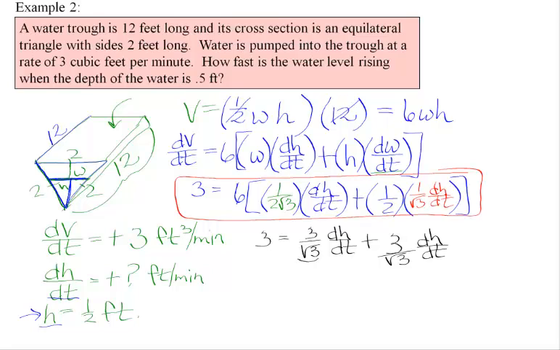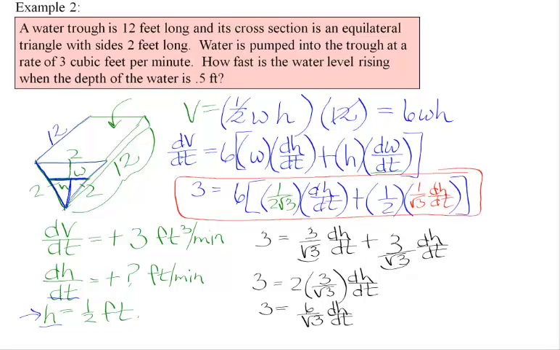So I have 2 of those, 2 times 3 over root 3 dh dt's. I could distribute it. That's 6 over root 3 dh dt has to equal 3.